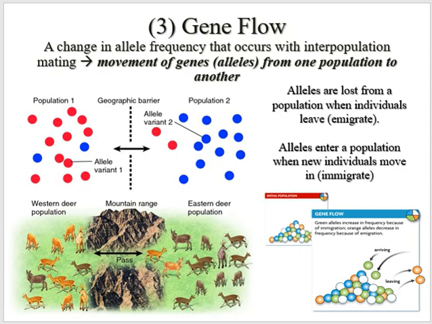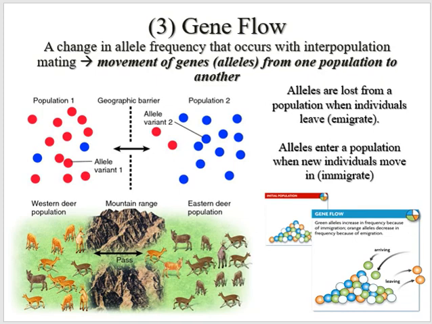Now, gene flow itself can occur through various mechanisms, right? When we talk about gene flow, again, we're talking about the movement of genetic material from one place to another. In this case, from one population to another. That's gene flow.